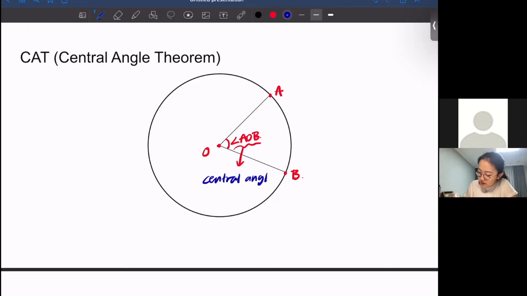That is because this angle is created between two radiuses. And this we're going to call arc AB.